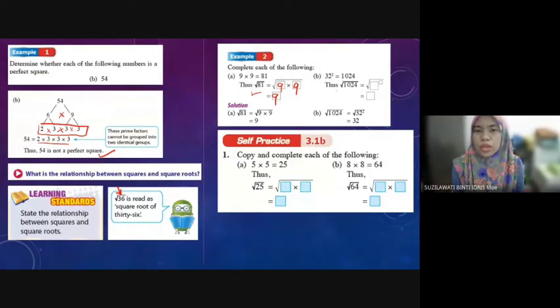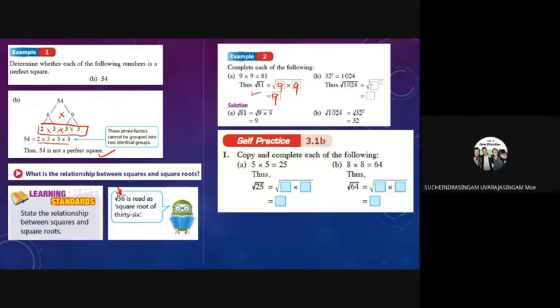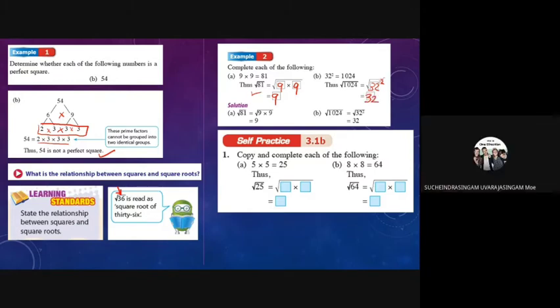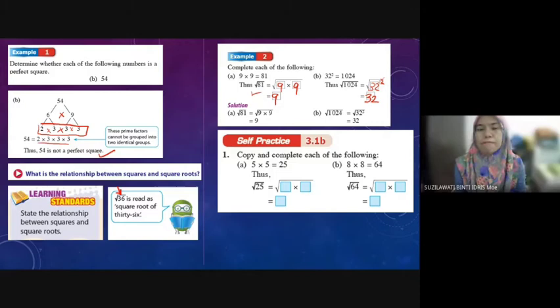Square root of 1024 equals square root of 32 square. Bila ada dua-dua ni, kita buangkan sajalah, potong dia. So the answer is 32.